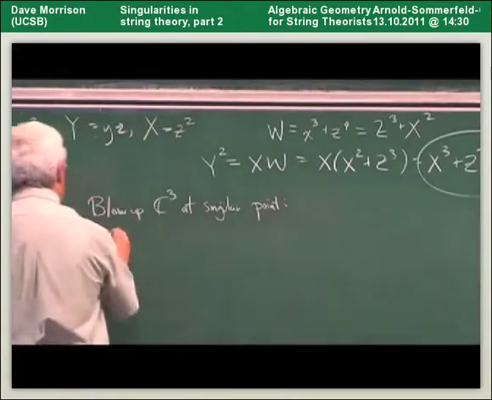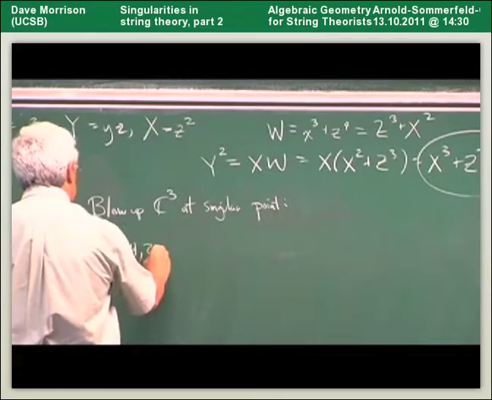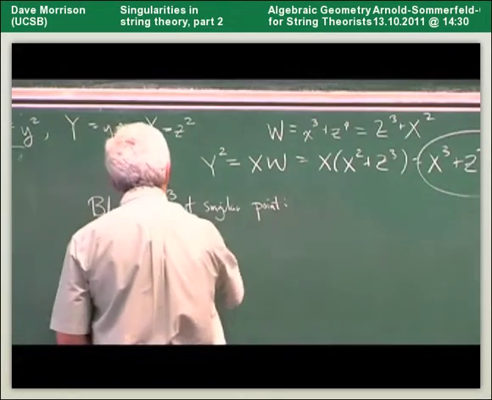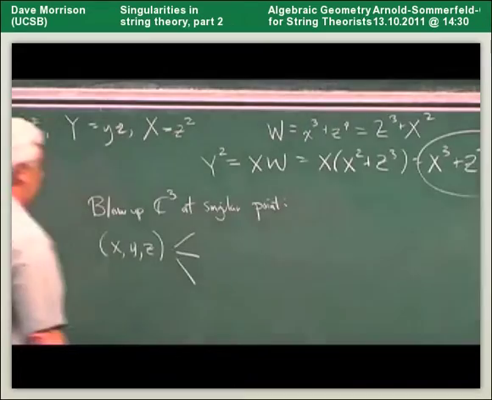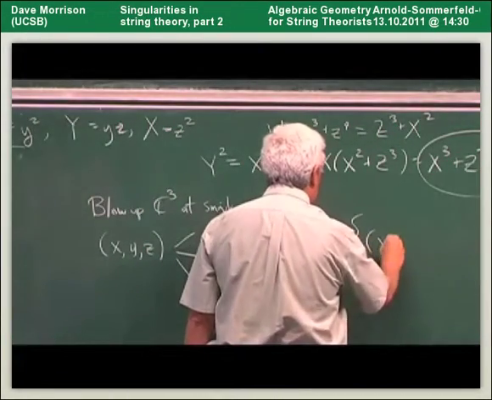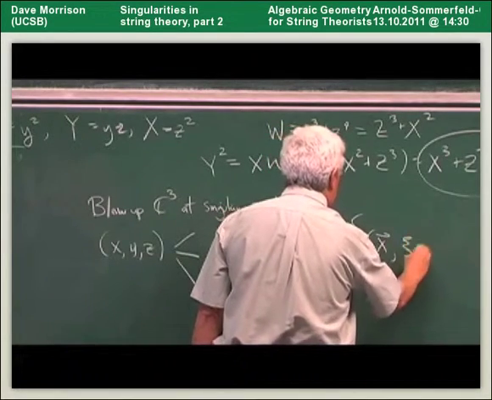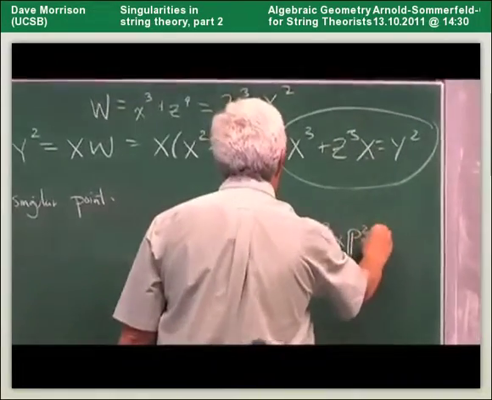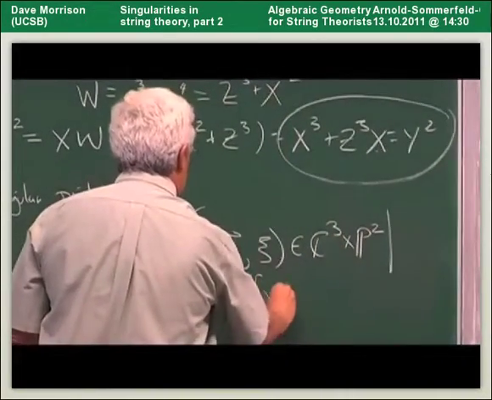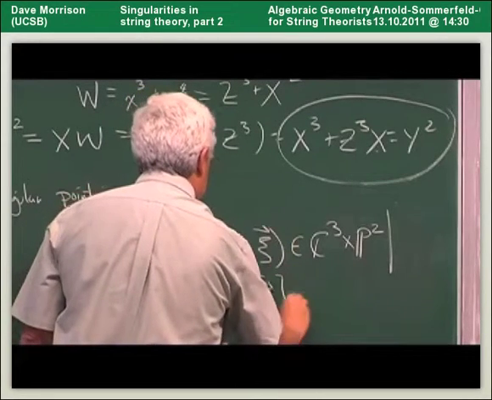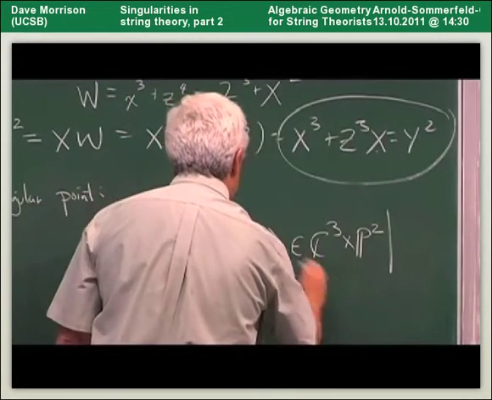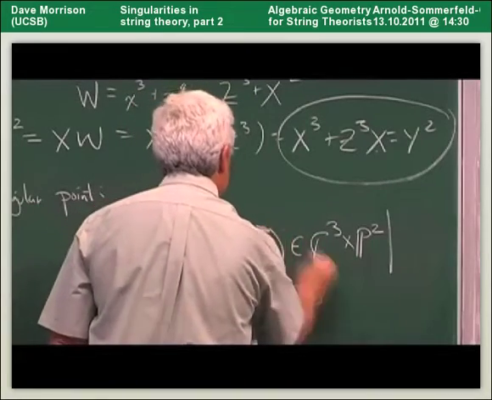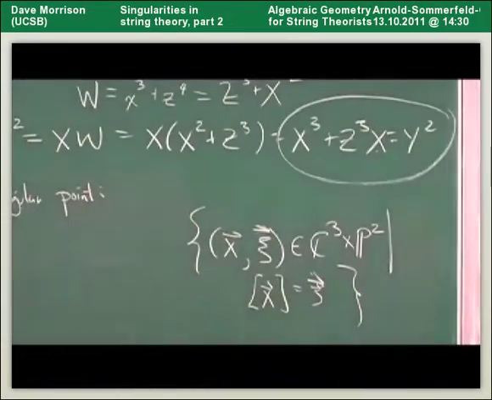So what does blowing up mean? Well, if I want to blow up C3 at the origin, I'm going to take my x, y, z space, and I'm going to replace it with 3 different coordinate charts. In fact, intrinsically, what I'm doing is I'm going to take a pair consisting of a point x and a projective point c sitting in C3 cross P2 with the property that the projective equivalence class of x is c.